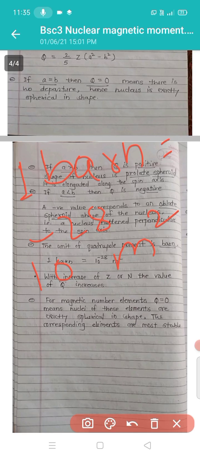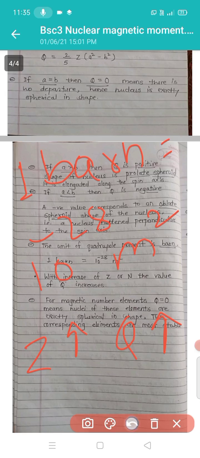Important, note it down. With increase of Z or N, the value of Q increases. For magic number elements, Q is equal to 0, meaning nuclei of these elements are exactly spherical in shape. The corresponding elements are most stable.